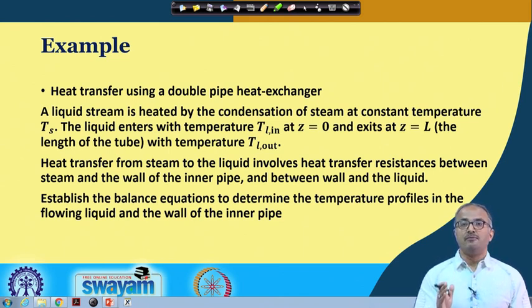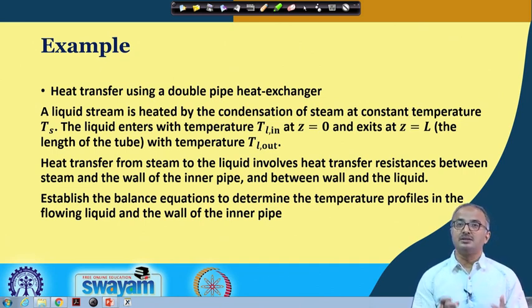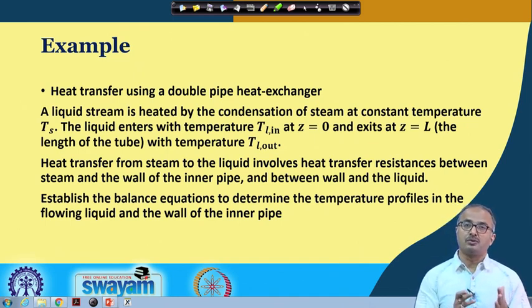Okay? So steam, when it condenses to saturated water, it will be releasing the latent heat of vaporization, which is quite substantial, and that will be enough to heat up a colder liquid. Okay? So this is why we are saying that the steam is at a constant temperature Ts.